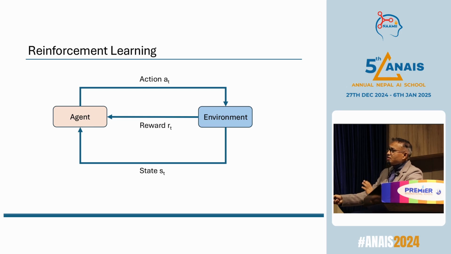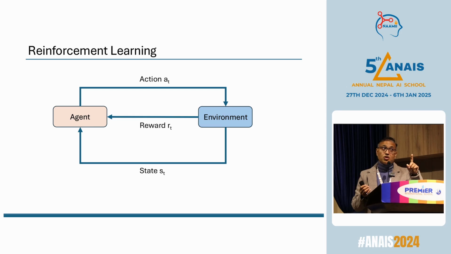Now look at this one. This diagram is a very standard diagram, okay? That's why I'm explaining this one a little bit more. Why the agent takes a certain action is based on the reward itself. So this reward is very, very important. In general, reward is basically, okay, you are doing good. That is a reward.